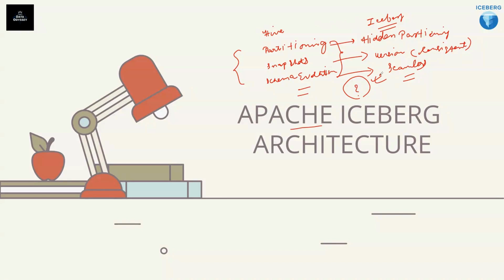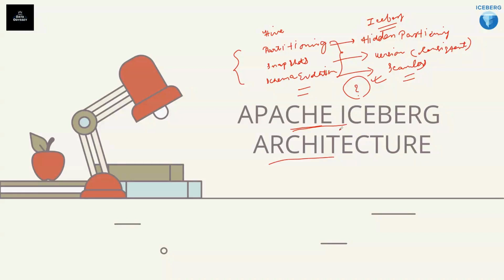But you must be having a question that, okay, it does try to resolve all the issues with Hive, but how does it do it? For that, we need to deep dive into the world of Apache Iceberg's architecture, basically. Okay, and that's what we are diving into today, the architecture of Apache Iceberg.